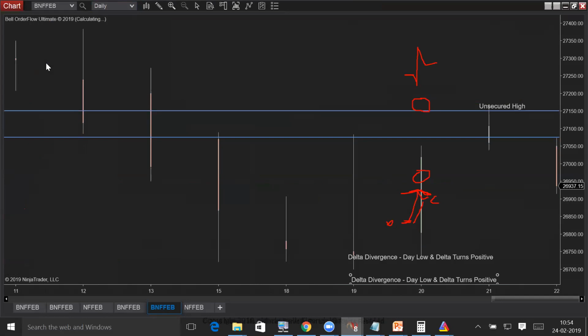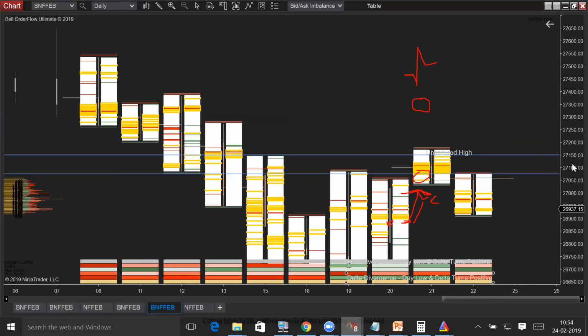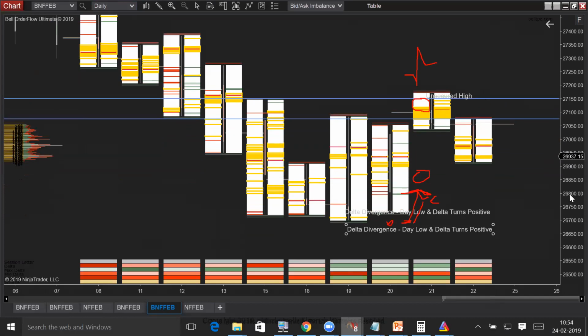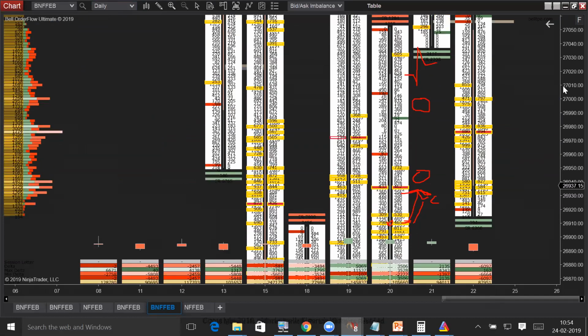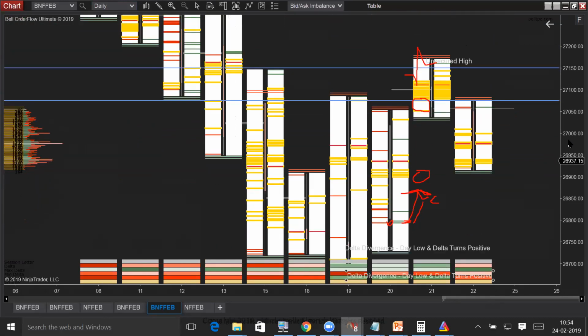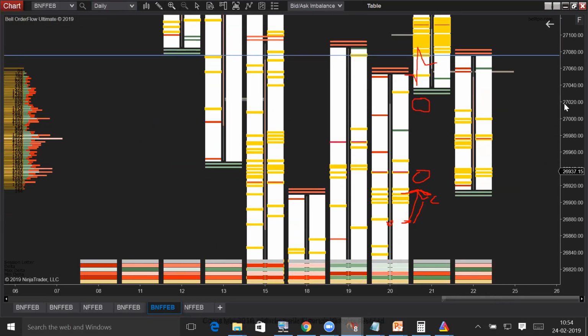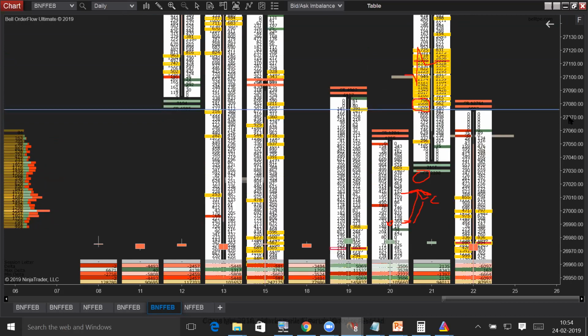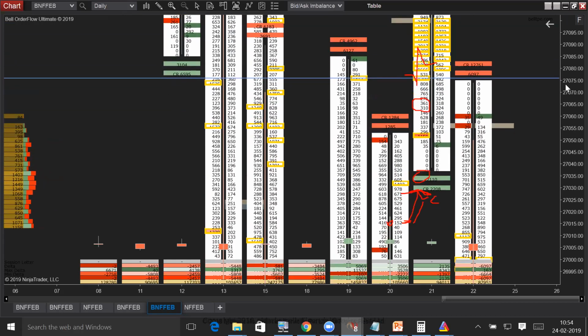So let's take a little bit of time. Yeah. So here what you're seeing is that each and every day is a daily candle. And typically you'll be seeing this kind of number of buyers and sellers at each and every price level. If you want to see how many buyers committed, how many sellers committed for the day, right?